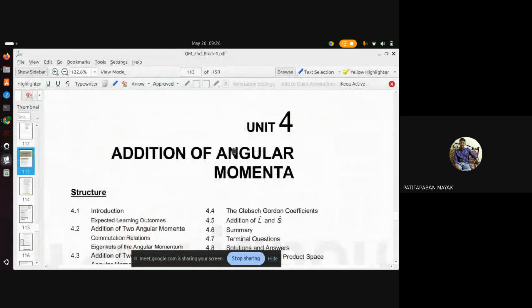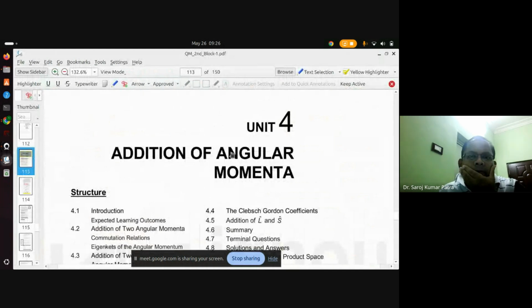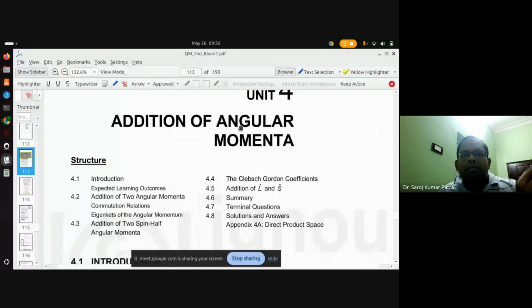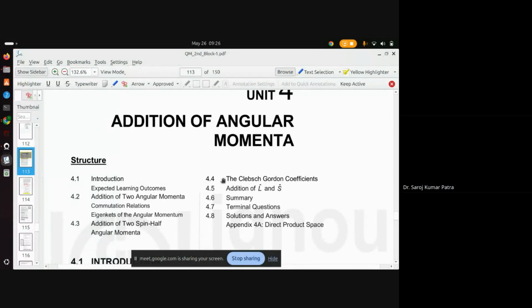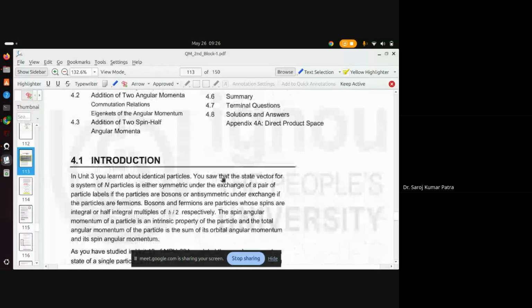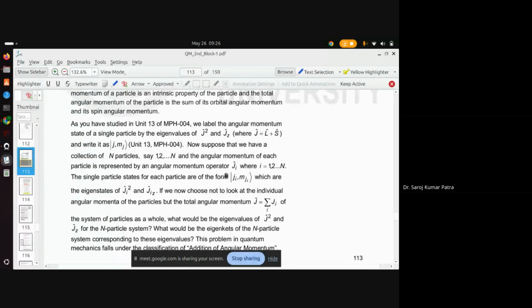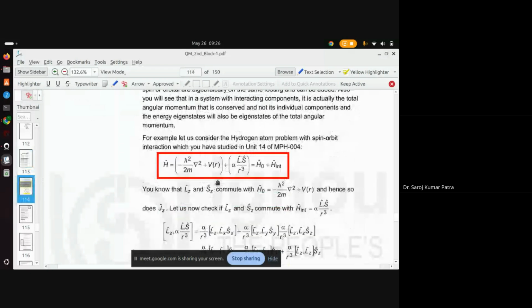All right. So today we'll mostly discuss addition of angular momentum. All of us are familiar with the Hamiltonian, which is kinetic energy plus potential energy, right?